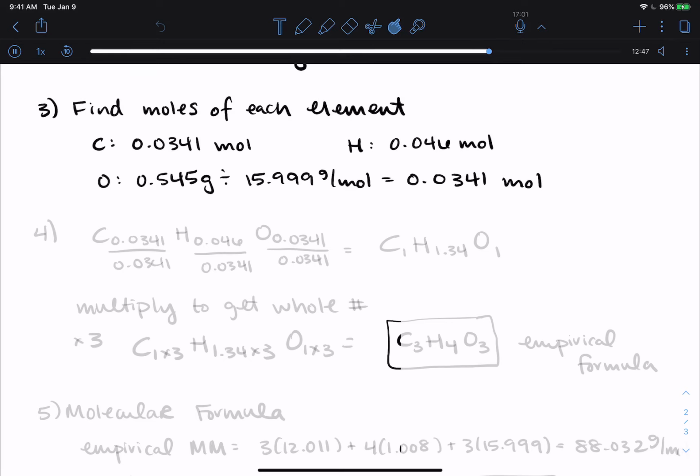Okay, so step 4 is to get the empirical formula. In order to do that, I first write a preliminary formula. So my carbon has 0.0341 moles, hydrogen is 0.046, oxygen is also 0.0341. Now the 0.0341 is the smallest number, so I'll divide through by that.